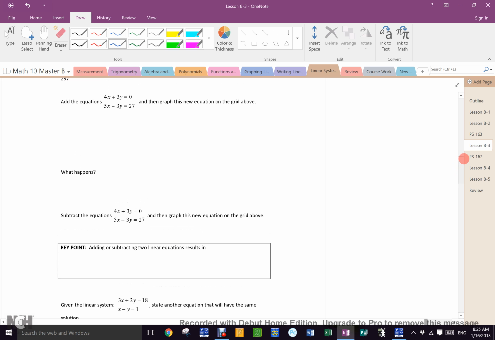Go on to the next page. This page says to add these equations. So if I add these equations, what do I get? Can I put 4x with 3y? No. What do I have to do? I've got to keep the like terms together, right?